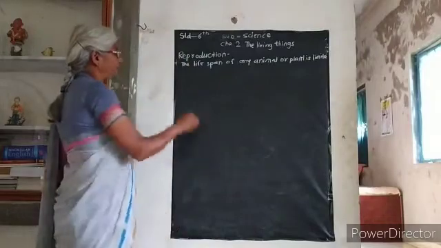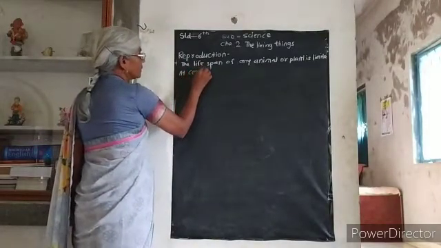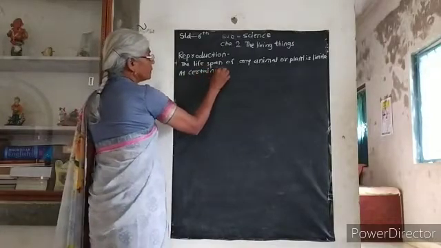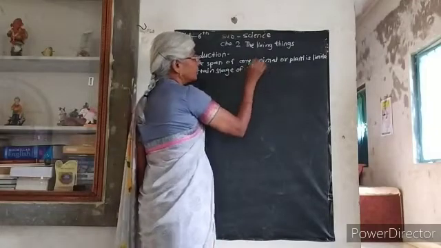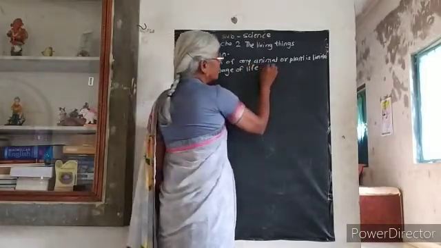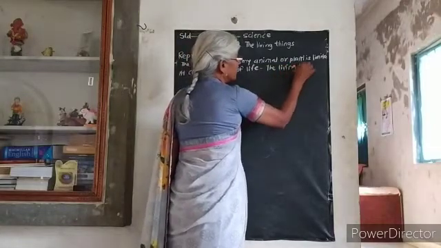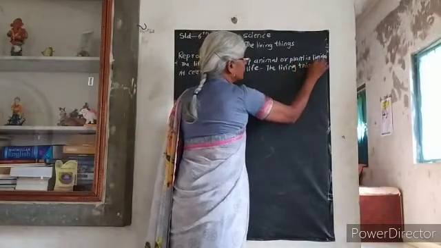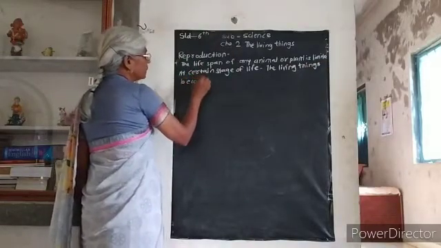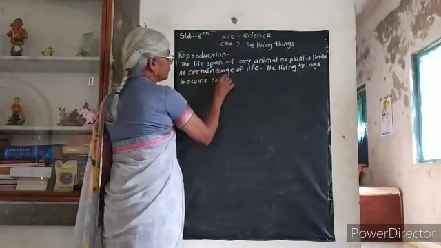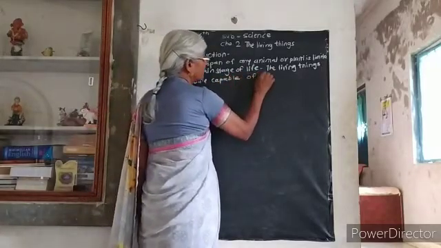In this lifespan, at a certain stage of life, the living things become capable of reproduction.